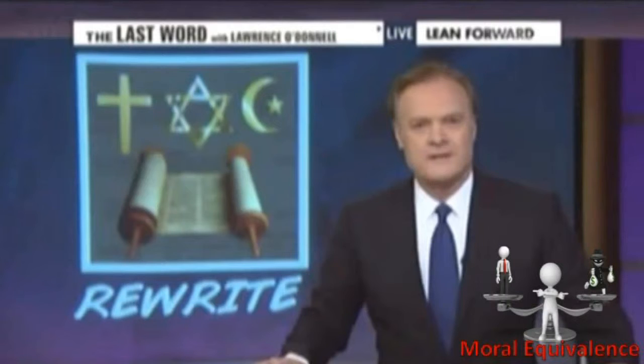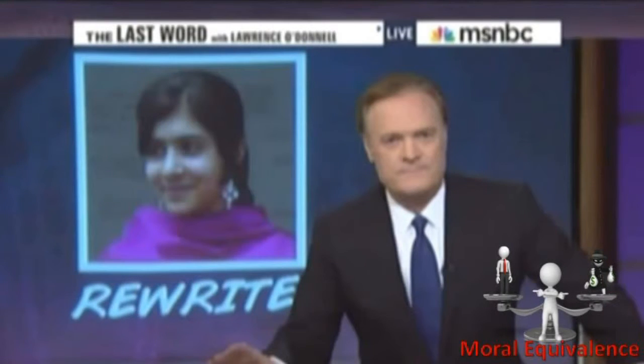The target was to connect Christianity to Islam, the Bible to the Quran, and Muslim religious extremists who shoot girls in the head to Christian fundamentalists who feed the hungry, take care of the poor, and believe their Bibles. This was propaganda at its worst.